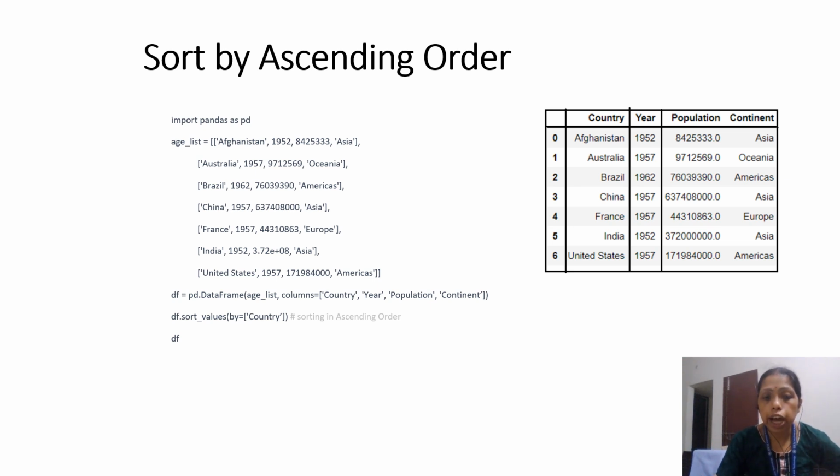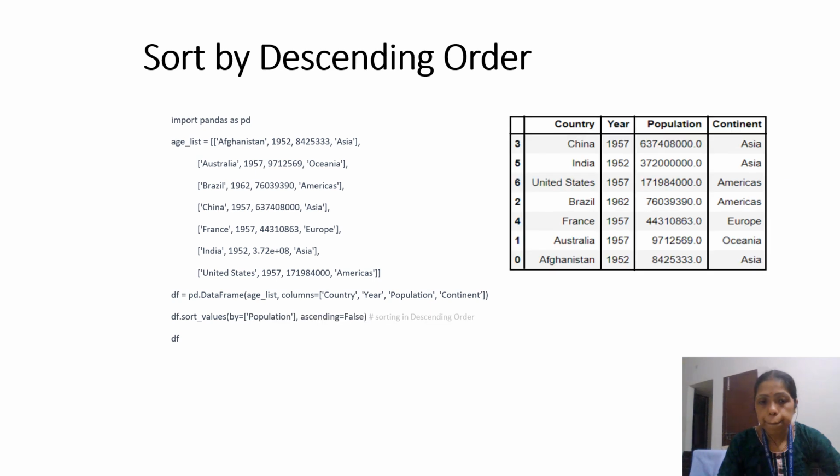After by equal to country, if you put a comma and write ascending equal to False, then all will come in descending order. If you want descending order, you have to write ascending equal to False. Here we are sorting in descending order with respect to population, so by population, then ascending equal to False.